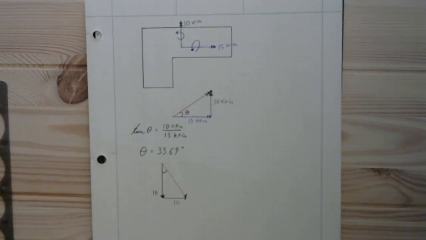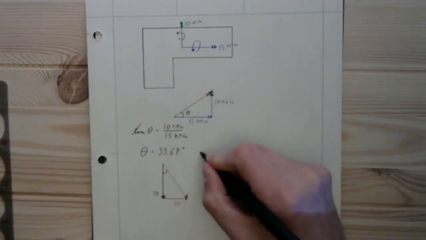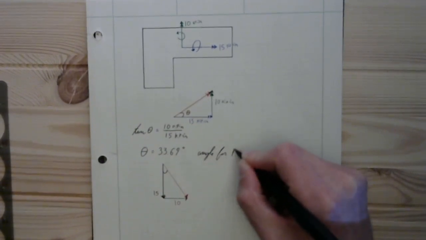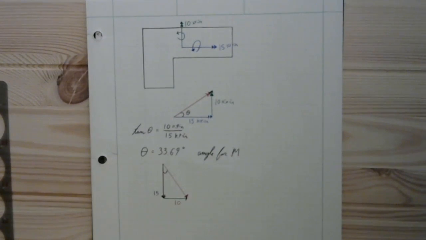So I think you can tell that's just the same triangle. We're thinking about it different ways, but we're going to get the same value of 33.7 degrees. So that's the angle for the moment, but it is not the angle for the neutral axis. For the neutral axis, we'll have to use another equation.